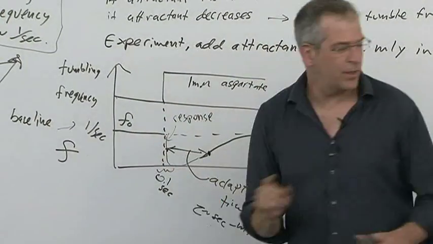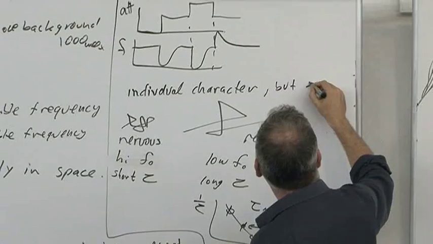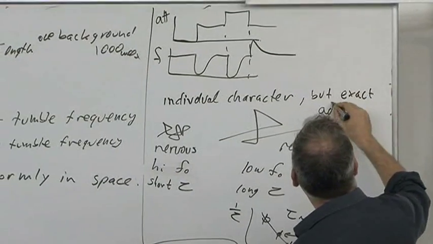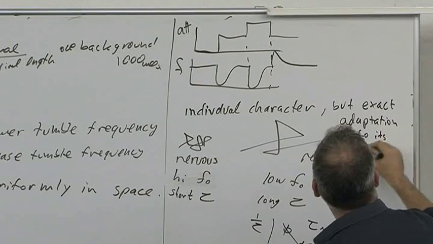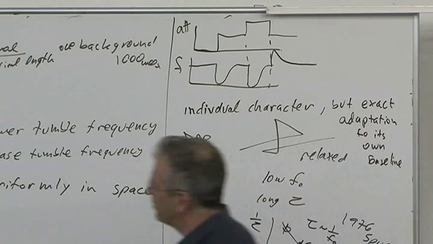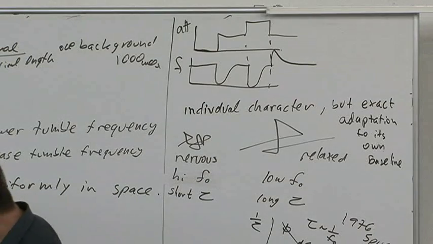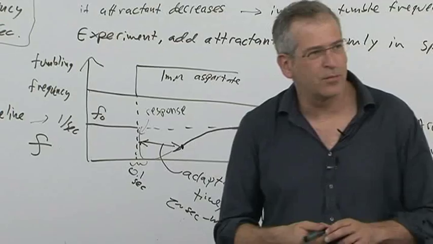But every single individual bacterium has exact adaptation to its own baseline. So if a bacterium is a little bit more tumbly, it'll go back to its own baseline. So the exact adaptation is something that's constant between cells.